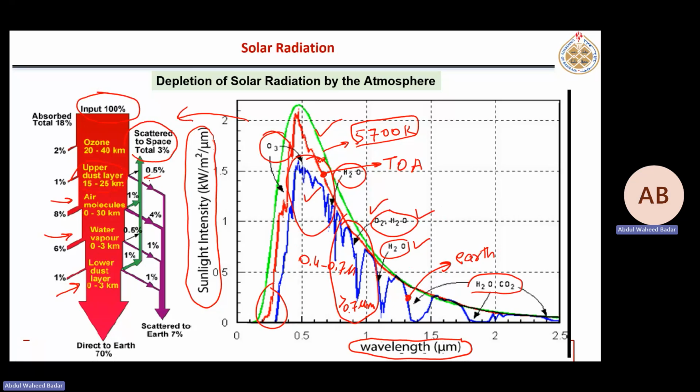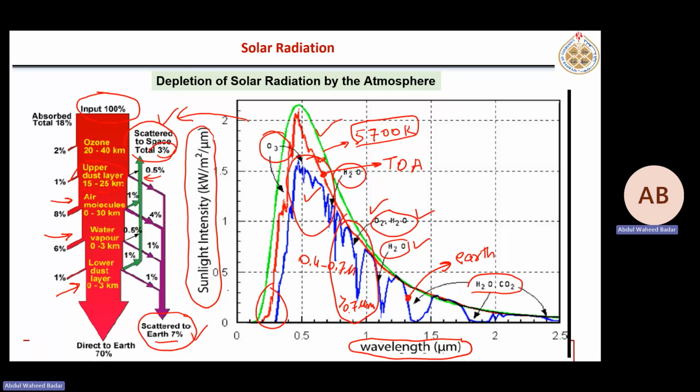So this one is representing the reflected part or scattered to space, right? About 3%. And all of this scattered or reflected does not go into the outer space, but about 7% is scattered towards the Earth.